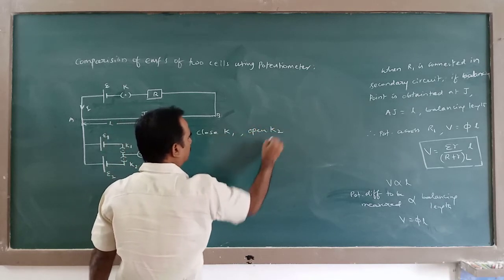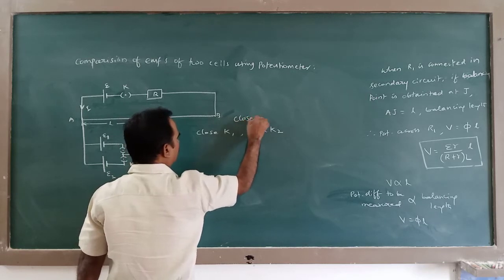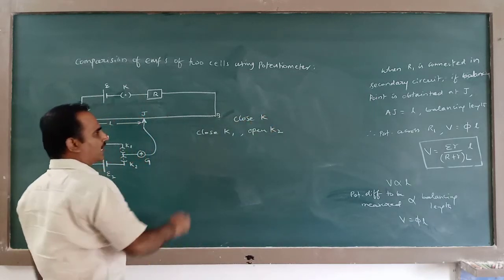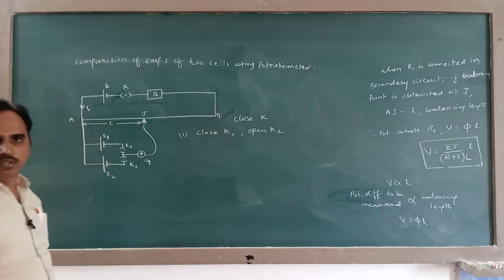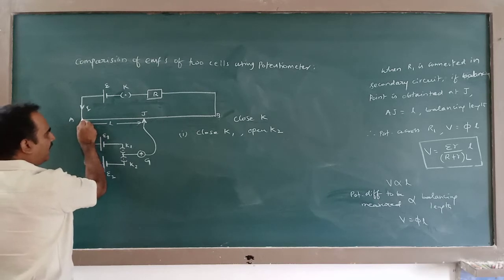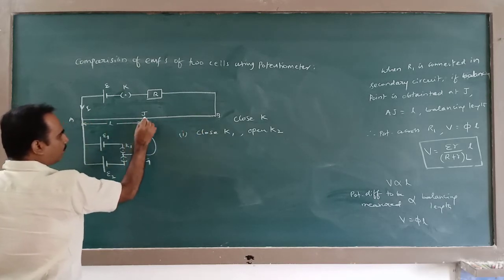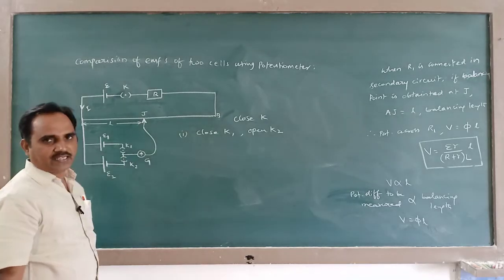Once you check the circuit for opposite deflection, you close K1 alone and open K2. This K must always be closed. Now you move this sliding contact from the end A towards the end B. At some point, say here, you will get the balancing point. So you note down the balancing length L1.